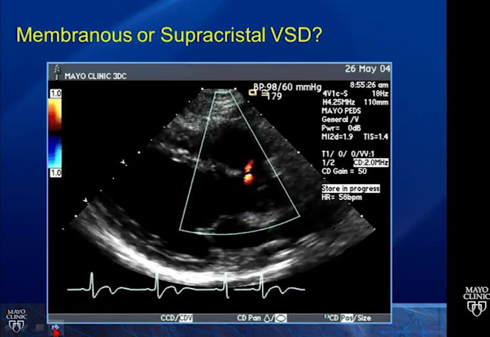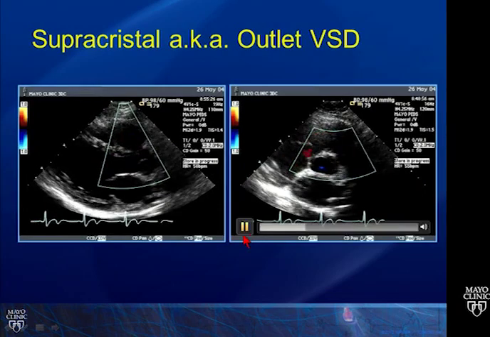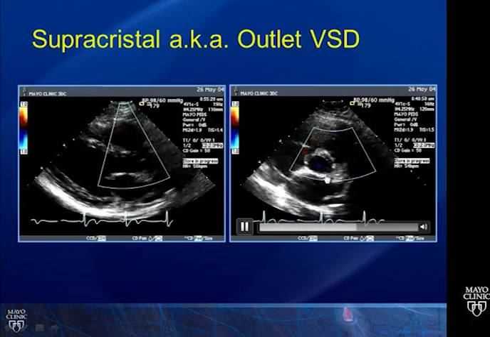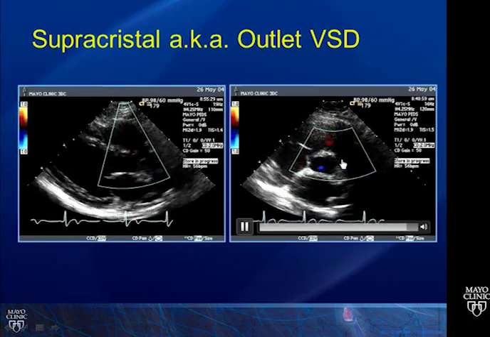So how do we tell that in the echo lab? Well, what we do is we turn the probe to the short axis view of the aortic valve. And within the short axis view, we can see where that flow is.